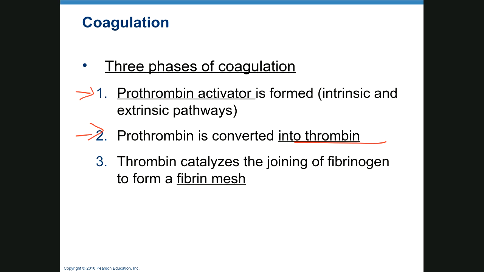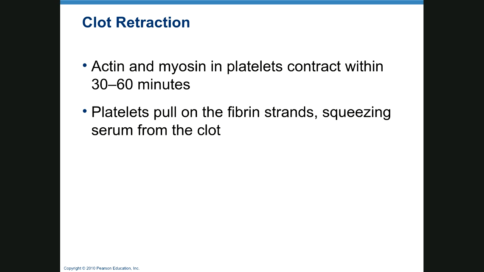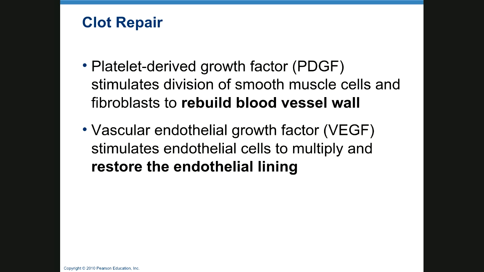Thrombin catalyzes fibrinogen, which is dissolved as a liquid, into a fibrin mesh. So thrombin pulls fibrinogen out of solution, and you get this mesh, much like in this picture, to stop up the hole.